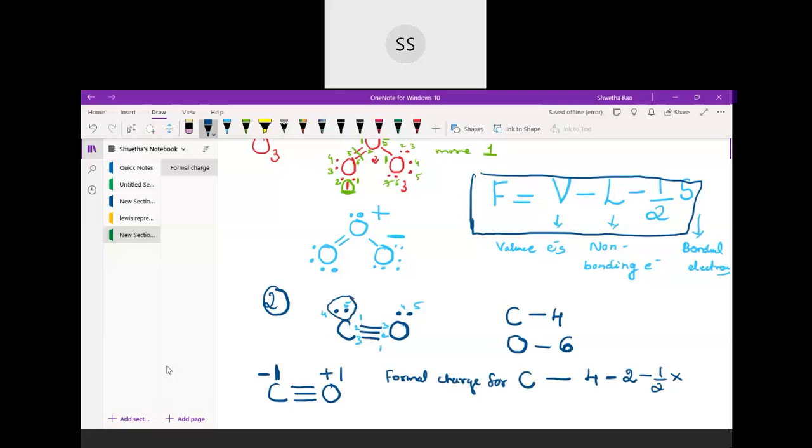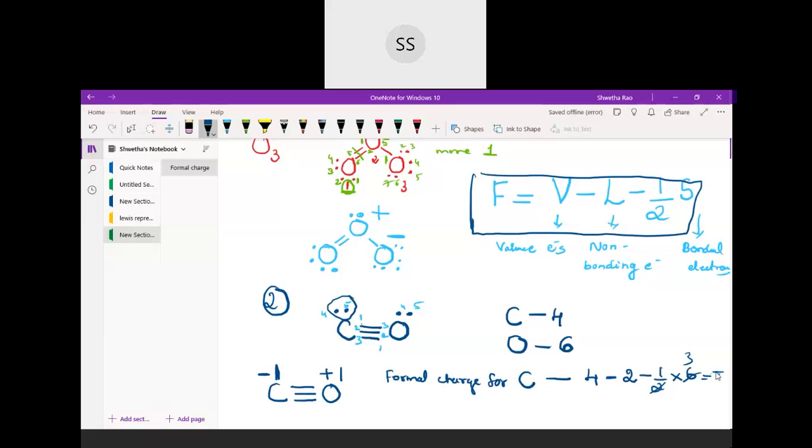The total shared electrons is 6, so half of 6 is 3. So 4 minus 2 minus 3 is 4 minus 5, that is -1.